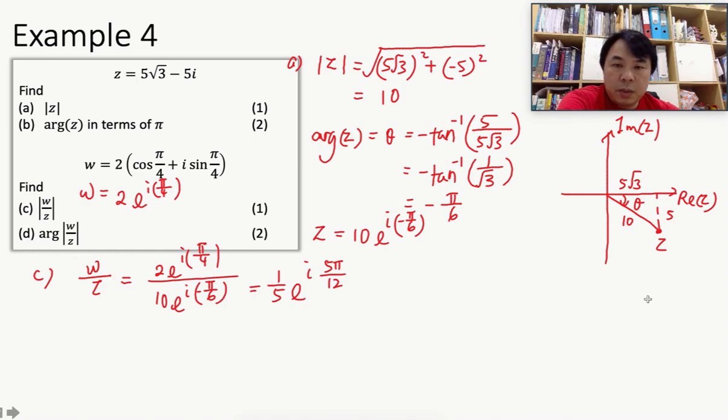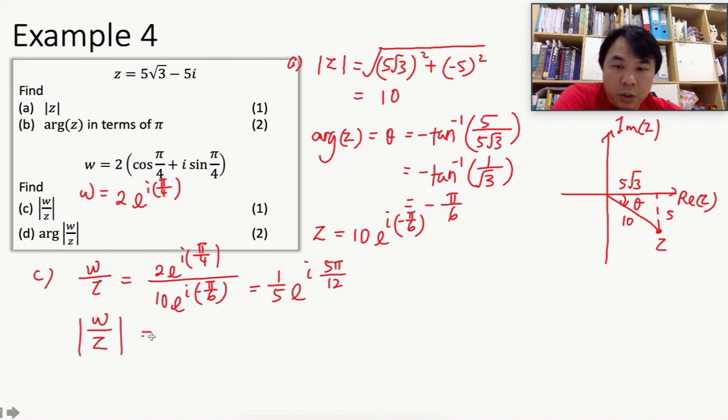Did I get it right? Let me see. 3 here, 2 here, it's a 5, 12, yep, correct. So 5 pi over 12 here. And then that is basically our Euler form.